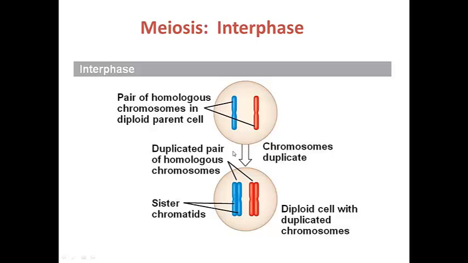Then we duplicate this pair of homologous chromosomes, and now each one is duplicated, so there are actually 4 sister chromatids here. As you may recall from the mitosis chapter, the sister chromatids are the identical copies of the chromosomes that are produced by the process of DNA replication.